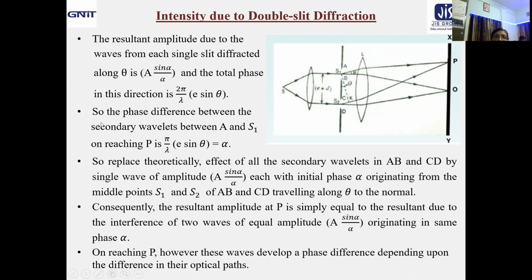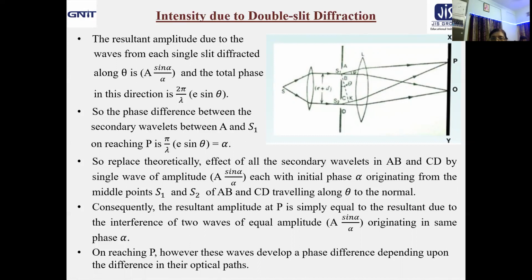Now, for each individual slit, what about the phase difference between the secondary wavelets between A and S1 on reaching P? That will be pi by lambda into E sine theta, because the total phase difference out of each single slit to reach the point P on the screen is given by 2 pi by lambda into E sine theta, which we calculated in case of single slit diffraction.